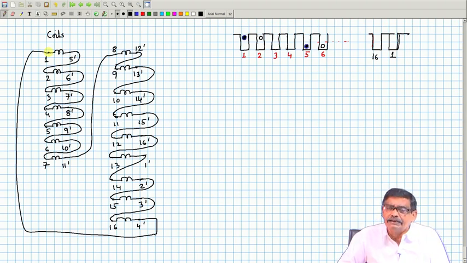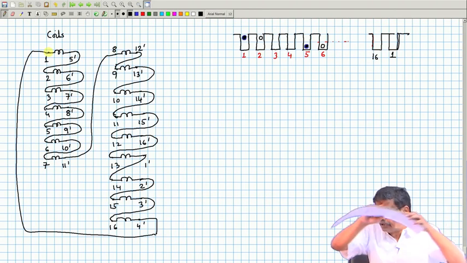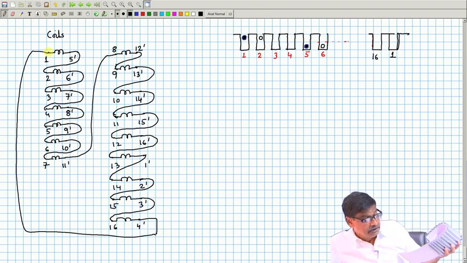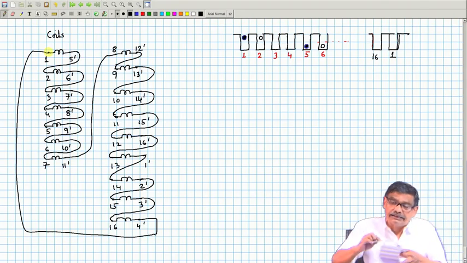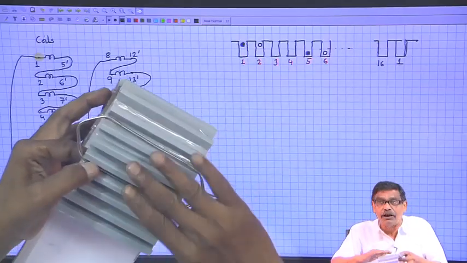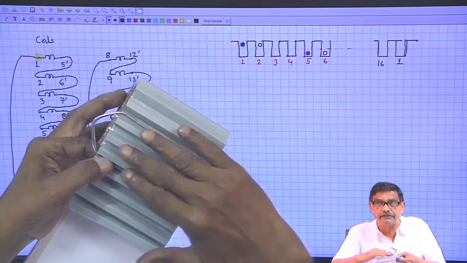Now, here one may raise objections, that is okay, there are 16 coils which are put like this. Where are the coils gone? These are the coils which are put on this, and each coil is identical, they are displaced from one another.